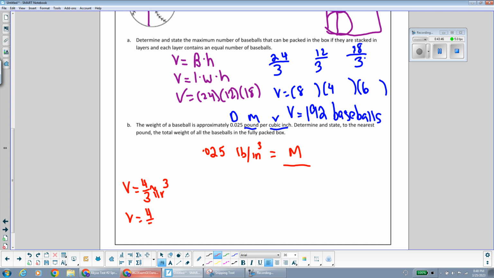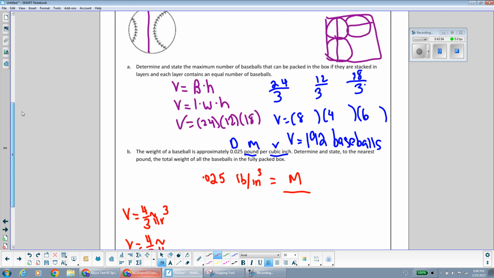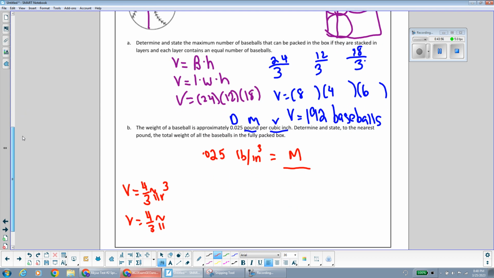So that would be 4/3 pi. The radius of the baseball, the diameter is 2.94 inches. So I'm just going to divide that 2.94 by 2. And I got 1.47. So I'm going to put this into my calculator.